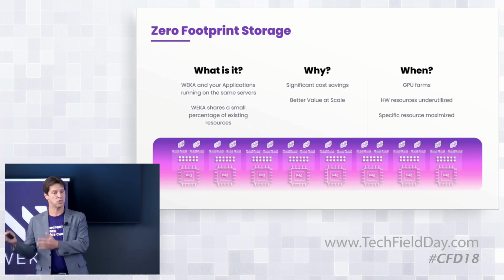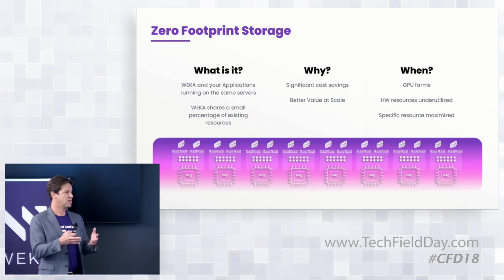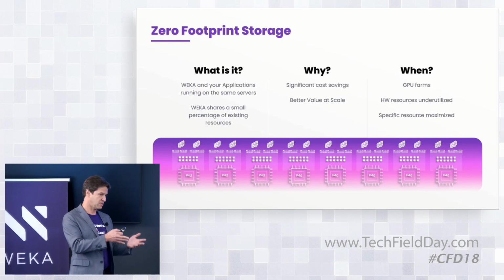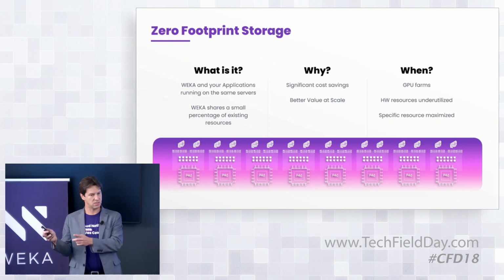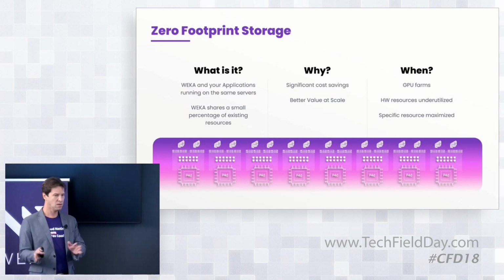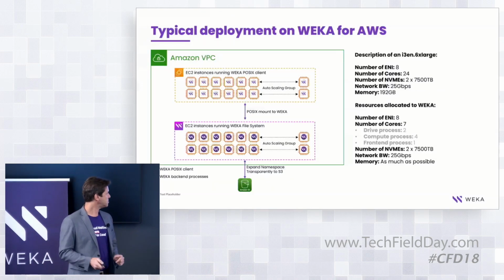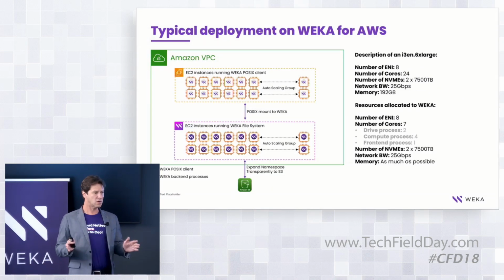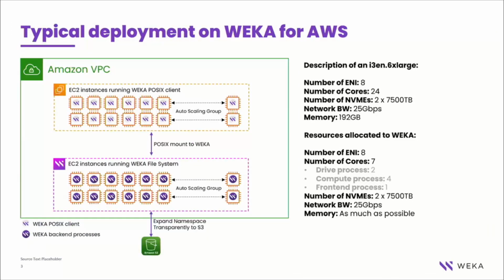Now they want to buy more GPUs, so with this model we let them use the money that they would use for storage infrastructure to invest in GPUs, and we can take even more of the other resources that are not utilized. Questions clear? Great.